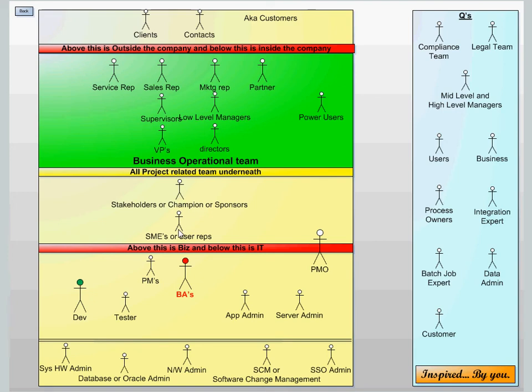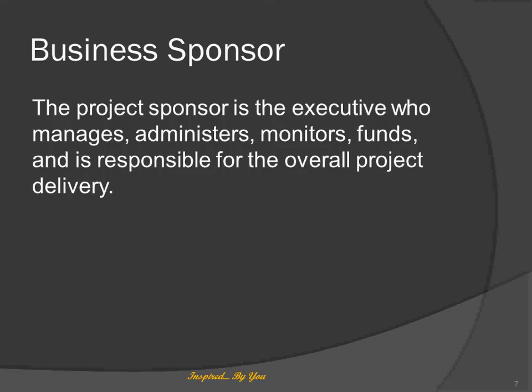He identifies the SMEs who would give the requirements to the BA. He also does other things that we just mentioned. He manages, administers. He doesn't really manage the project. The project manager manages it. But really, what I have seen those guys doing is once in a while they'll come and talk to the project manager.